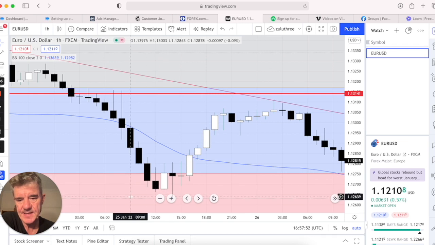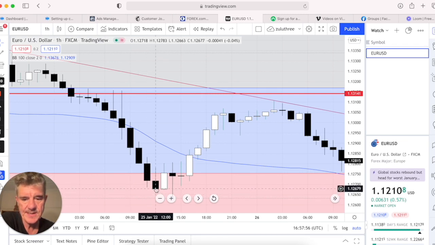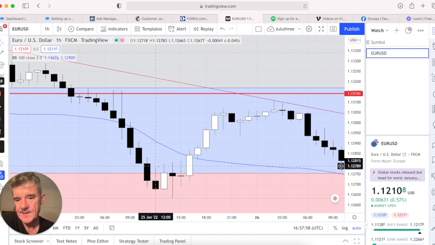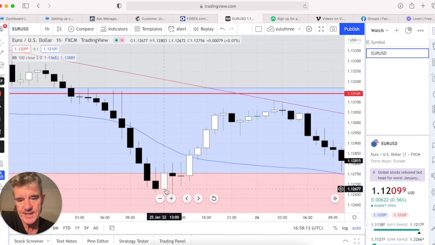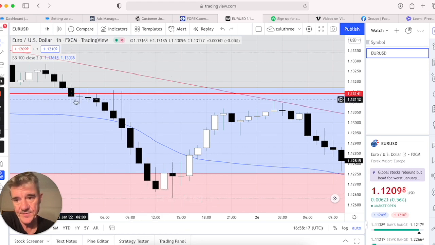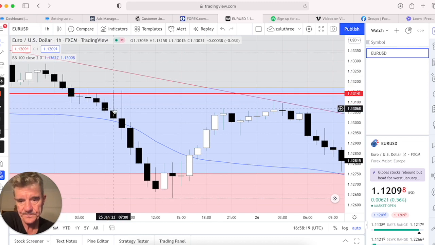You can see it's got a very small lower wick, lower tail, as some people call it, and quite a high upper tail or top wick. So it's kind of like a reverse hammer, an upside down hammer. That's a reversal pattern in itself, followed by a bullish engulfing candle. That's another reversal pattern. So we've got a downward trend, quite a good one.